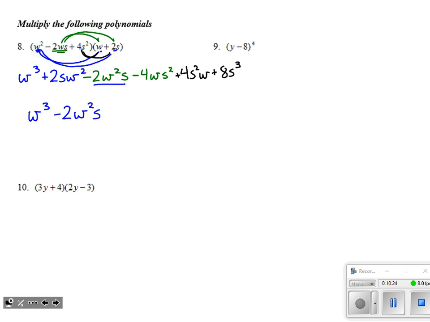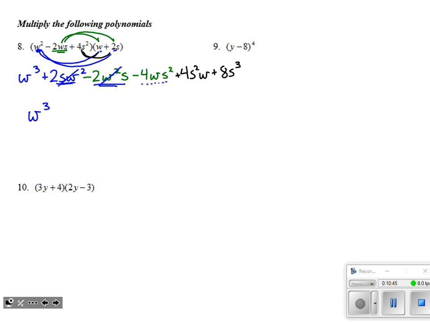Oh, I'm sorry, this should have been an sw squared. So as I'm looking back at my distribution, when I did w squared times 2s, that should have been a w squared s. I apologize for that. That does combine with something else. So this sw squared and this w squared s, those are like terms, and actually they cancel out. Awesome.